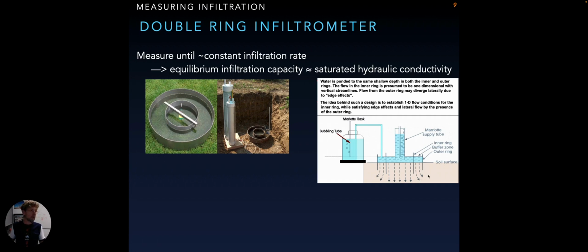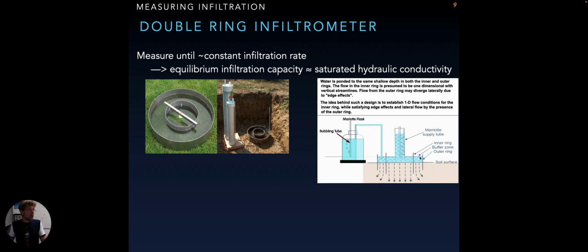As you can see, the water will move vertically and on the side. Meanwhile, the center one will only show you a vertical infiltration because it's blocked by the water surrounding it. So we have two different types of measurement with that. We have the direct vertical infiltration rate, which is what we want, versus an indirect one happening because of the boundary limit.